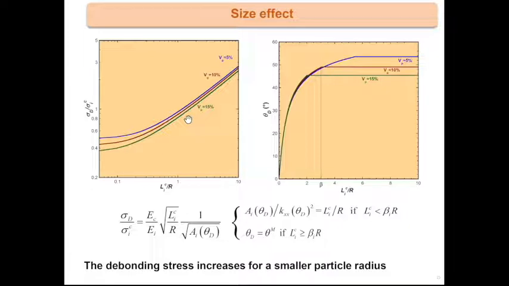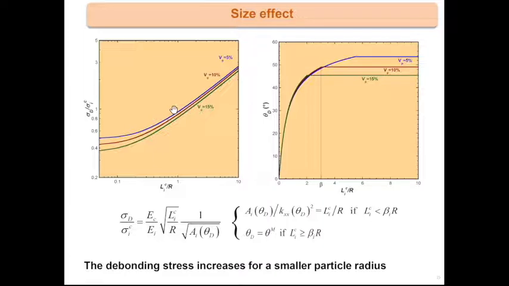The angle at crack initiation is plotted here versus the same parameter, and the angle is maximum, and it is dominated by the energy. But if you reduce this ratio, that is to say, if you increase the radius of the particle, you enter the mixed mode, I would say. Both energy and stress conditions are dominating, and the angle at debonding initiation is smaller.